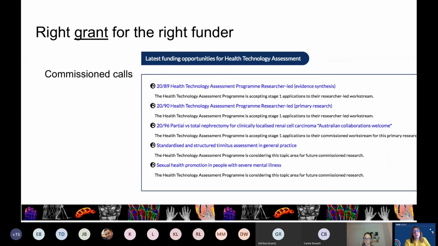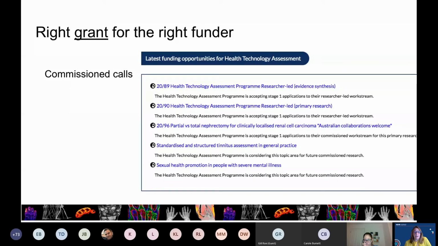And then there'll be commission calls. And again, the NIHR do a lot of these where they get the great and the good, and not even the great and the good, anyone can suggest providing evidence to say, look, this is a really important need in terms of understanding what the issues are. So this has just come off the website today.